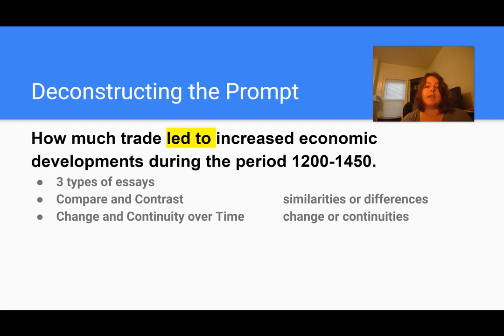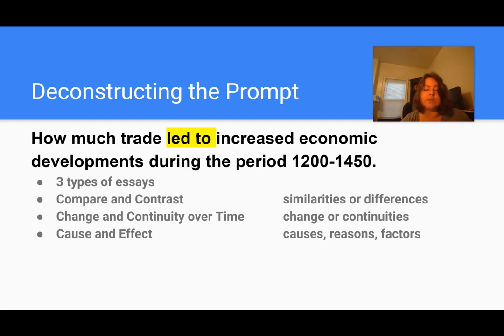That keyword, change, and you can discuss changes and continuities. Remember, a continuity is something that stays just the same. Think of continue, right? In that essay, there might not be a lot of changes. You might be writing more about continuities, and that's okay. The board has set the essays up like that.